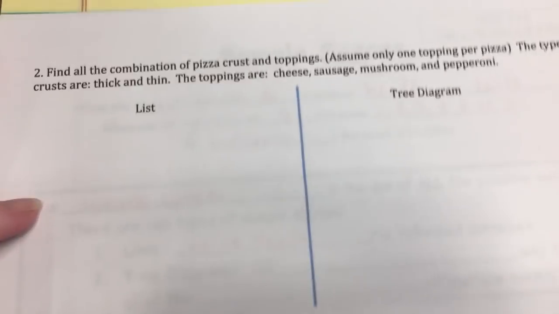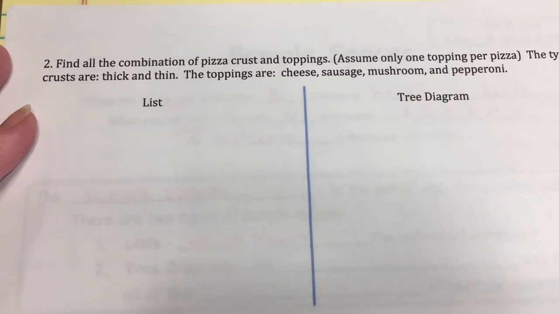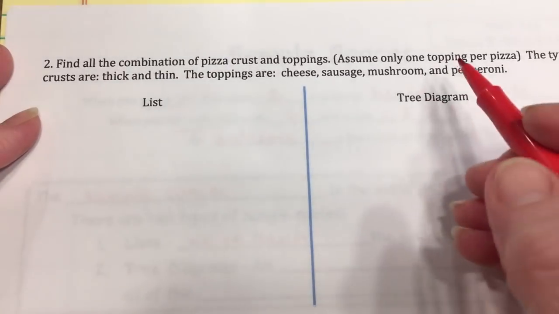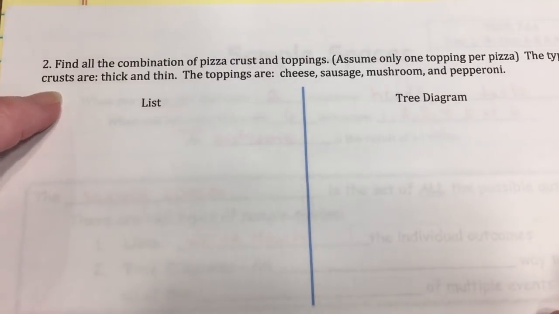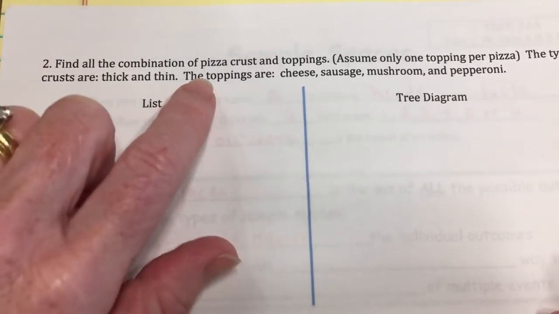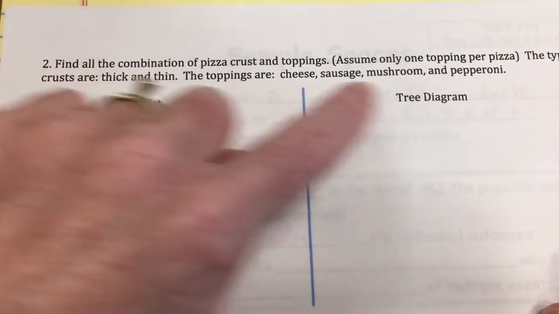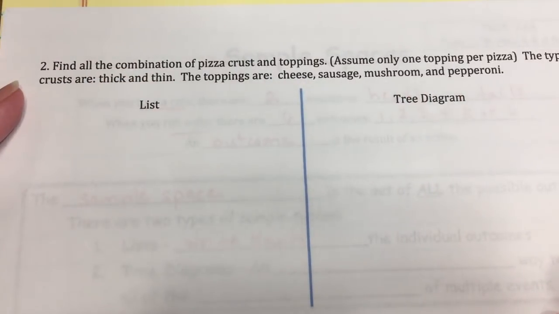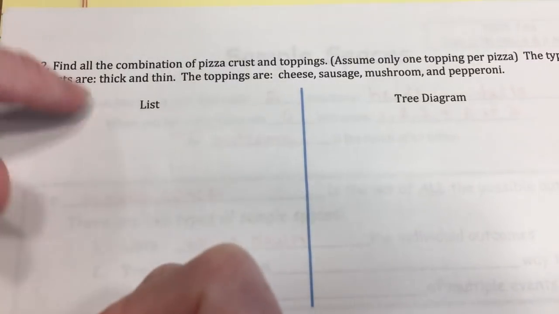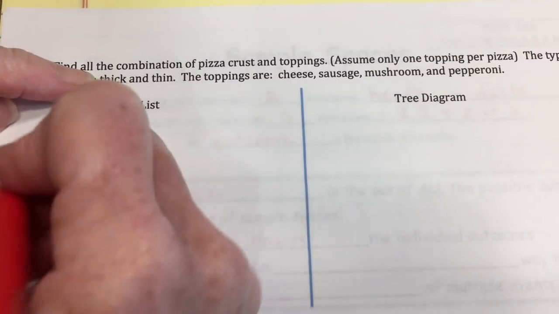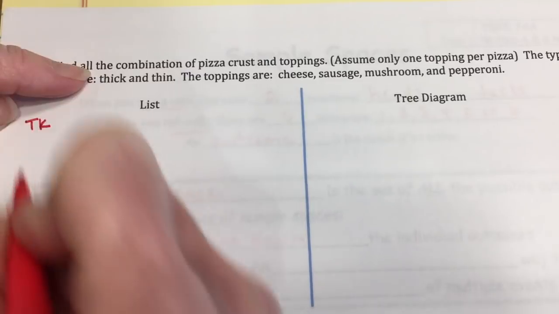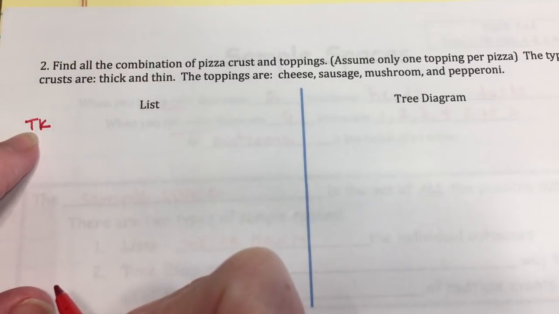Let's say you have to find all the combinations of pizza crust and toppings. Assume only 1 topping per pizza, and the types of crust are thick and thin, and the toppings are cheese, sausage, mushroom, and pepperoni. So if we go ahead and start listing our types of pizza, I get a thick pizza. I'm going to abbreviate K for thick.